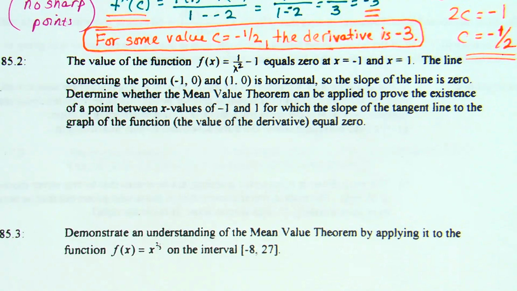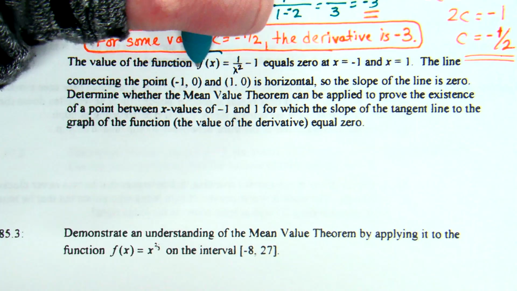So what is our interval here? -1 to 1 is the interval we're talking about. And the mean value theorem can be applied to prove the existence of a point in the interval at which the slope of the tangent line to the graph of the function equals 0. Thoughts to get us started?